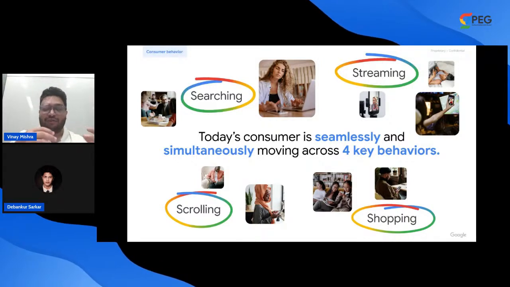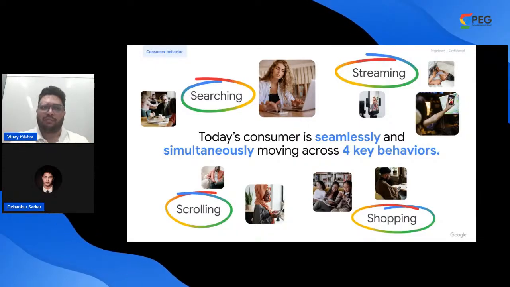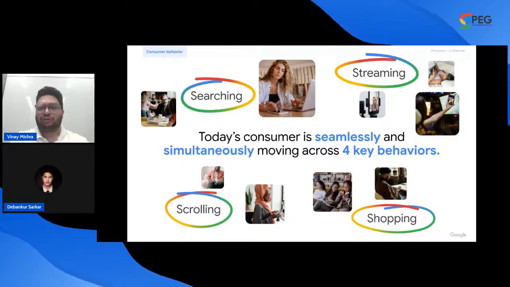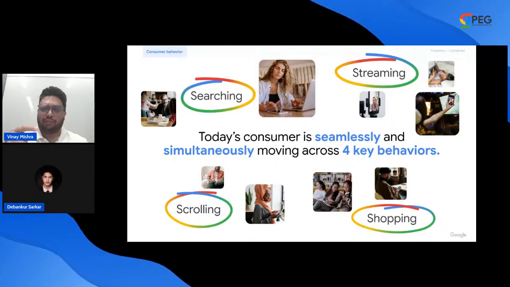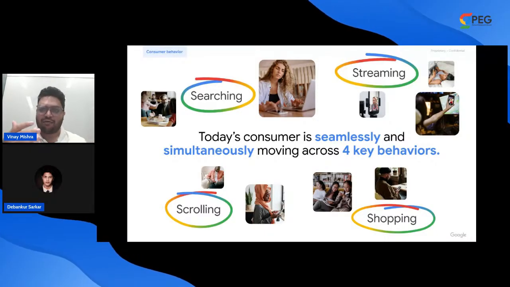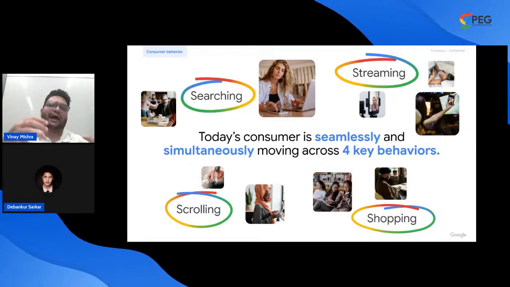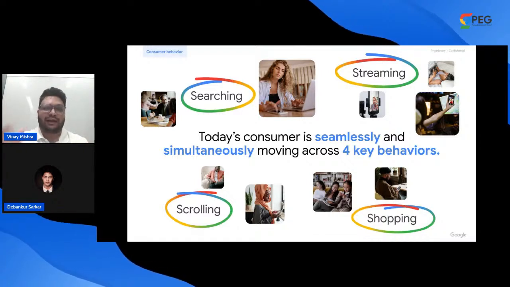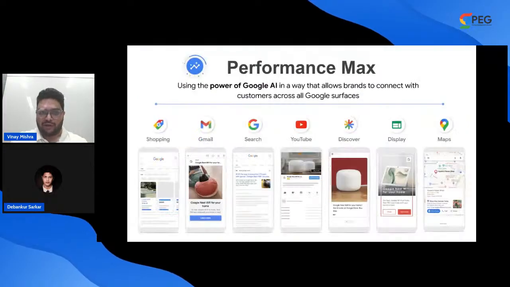For example, if we have to research a car, there are users who would search for a car, then while they are streaming through Gmail or Discover, and at the same time YouTube, we have to make sure our ads are visible there, so that we are not losing out on the customer's attention span. And then we have scrolling, while they are also scrolling through different platforms, and at the same time shopping as well.